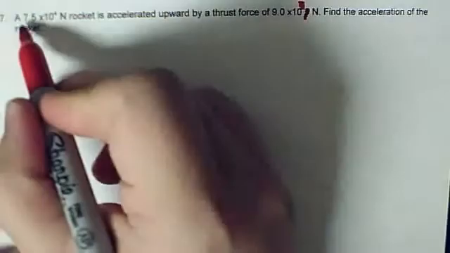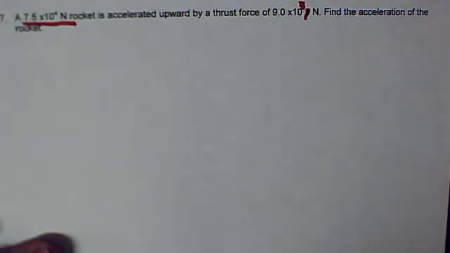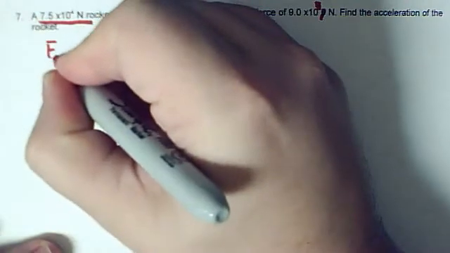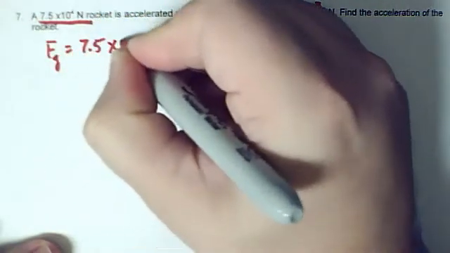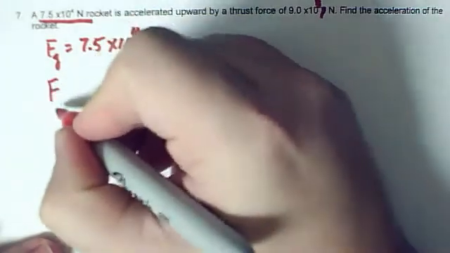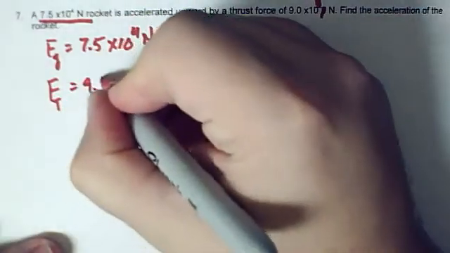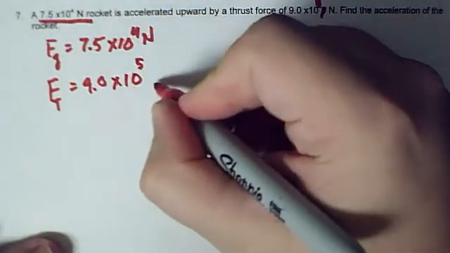Now, first of all, whenever a problem gives you something like this, 7.5 times 10 to the 4th newtons, that's telling you the weight of the rocket, which is the force of gravity. Fg is 7.5 times 10 to the 4th newtons. And it's accelerated upward by a thrust force of 9.0 times 10 to the 5th newtons.